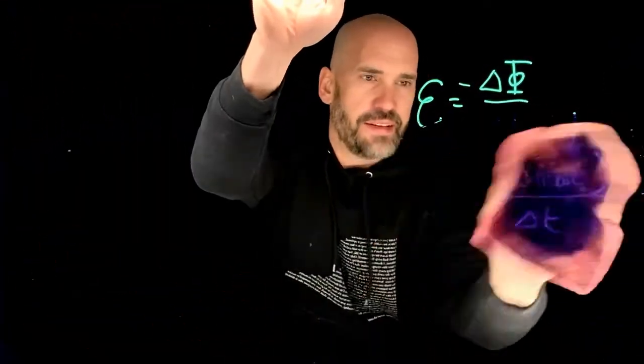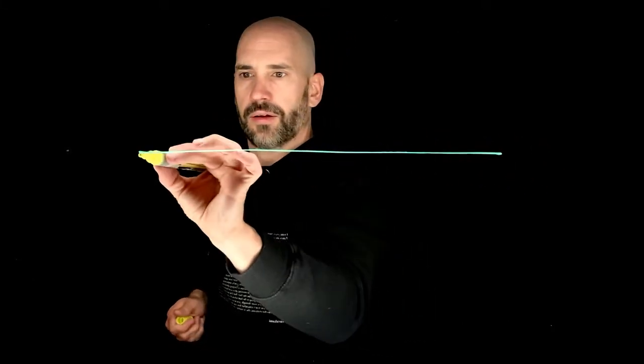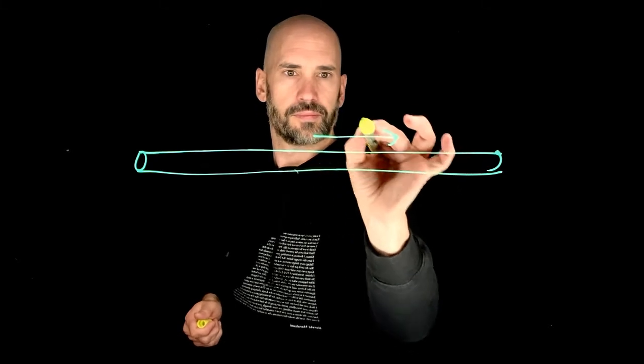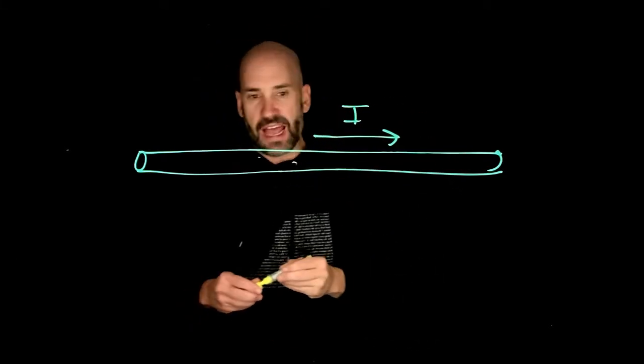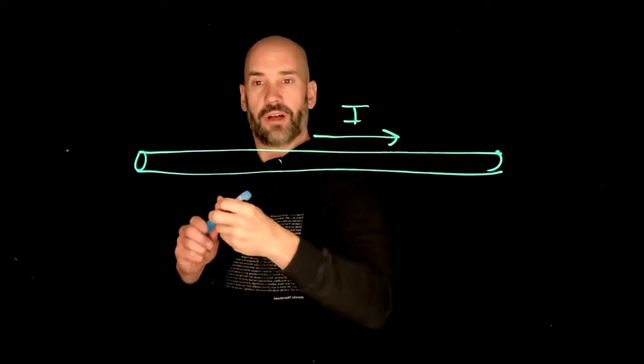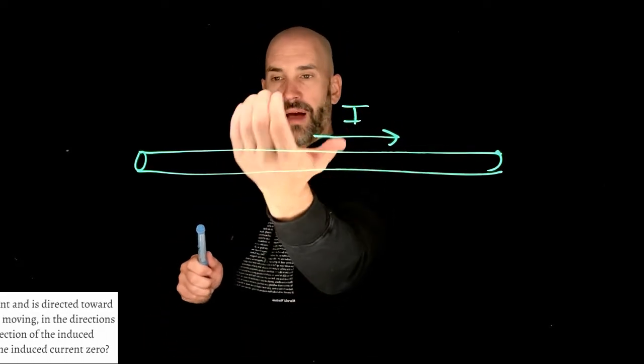So in this third example, it's kind of interesting. We have a wire carrying a current in this direction. As you know, a current carrying wire will create a magnetic field that will go in behind and come out this way.